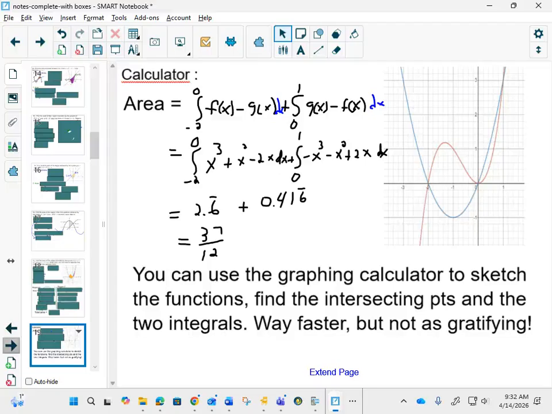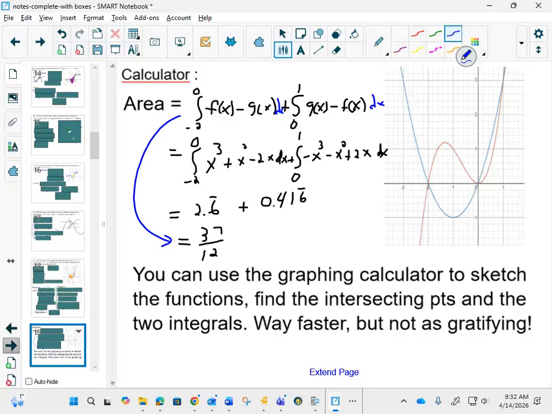You could go from this step right to there, no problem, and write your answer. So I could type 1 into y1, 1 into y2, find their intersections with my calculator, then break it up with y2 minus y1, and then y1 minus y2. Get my answer right away.